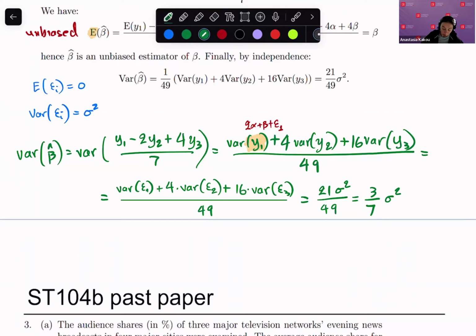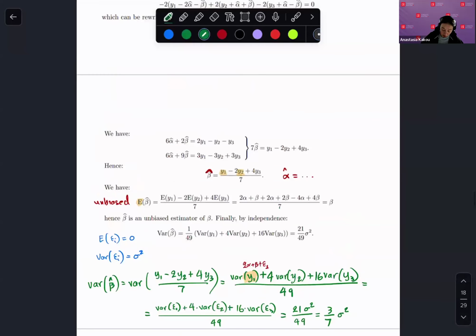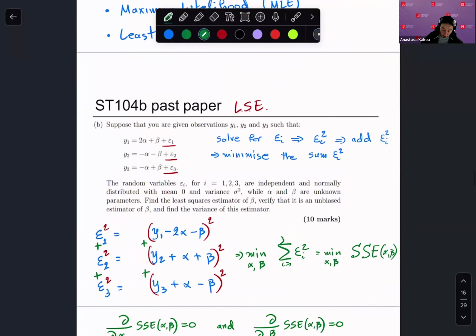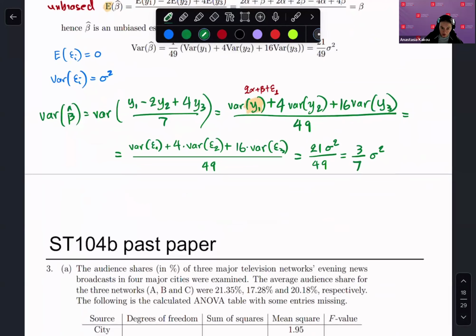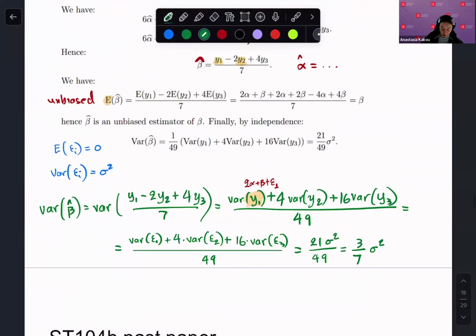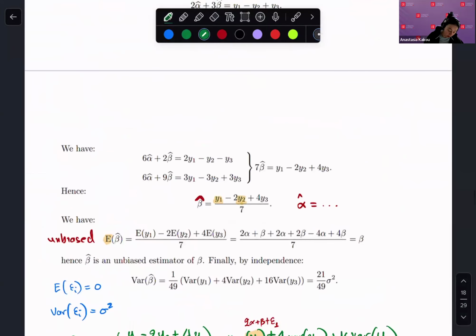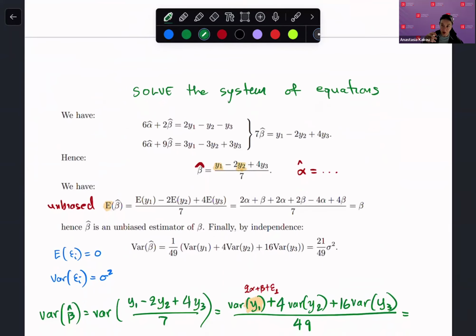Okay, so that's the first method, least squares estimators. The difficulty here is basically to solve the system of equations. Other than that, just remember to put a hat whenever you estimate a parameter.